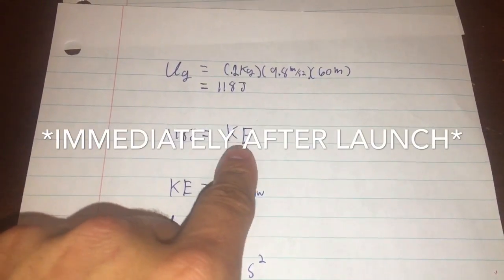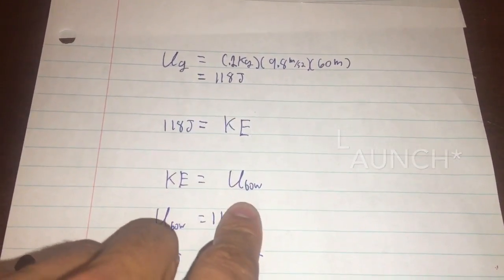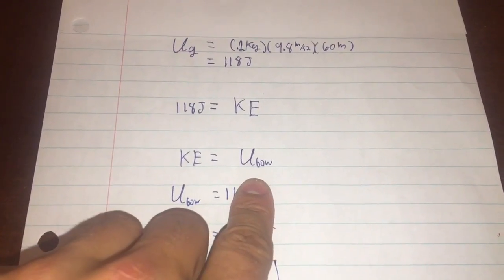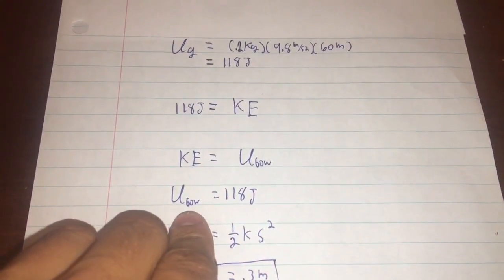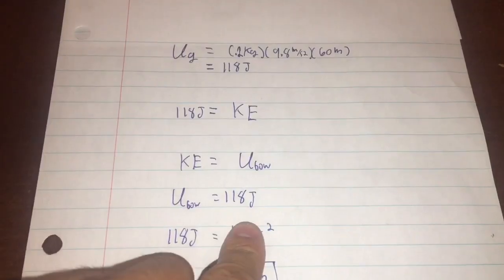Going further, because we know that our kinetic energy is equal to our potential energy of the bow, then our potential energy of the bow is also 118 joules.